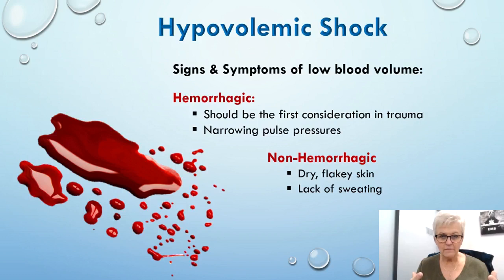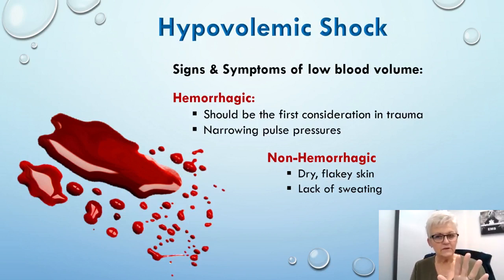If you see it, stop it. If you don't see external bleeding, then we're going to have to start considering the fact that this patient may have internal bleeding. Okay, so in the case of shock in a trauma patient, hemorrhagic hypovolemic shock is my number one possible cause.